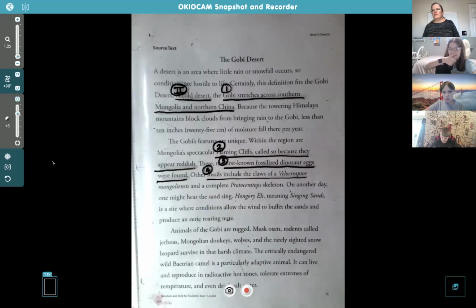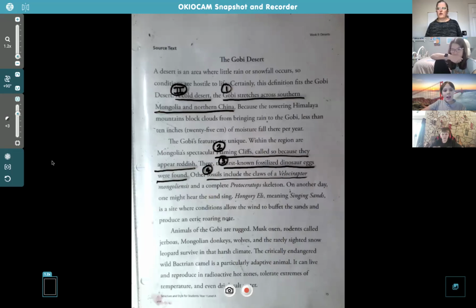Declan, were you able to find 2 more facts to underline? Not yet. Okay, it looks like you're a little distracted on your computer. Make sure you're looking at your paper on your desk. You're going to find 2 more facts that you want to use in your paper.